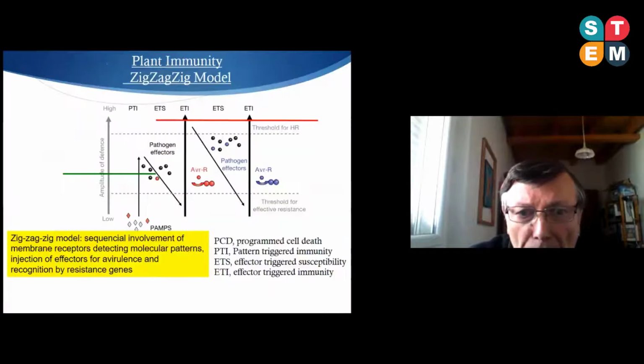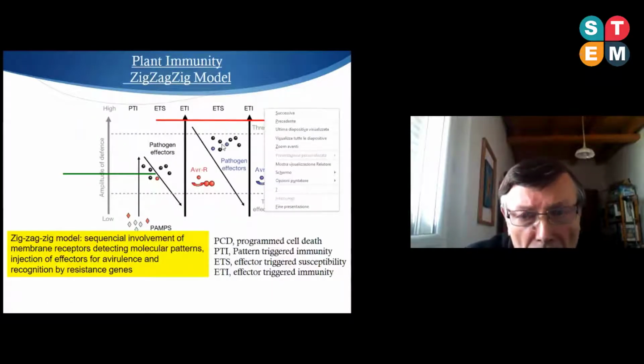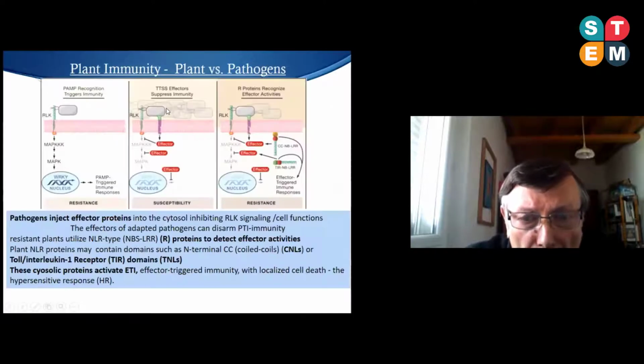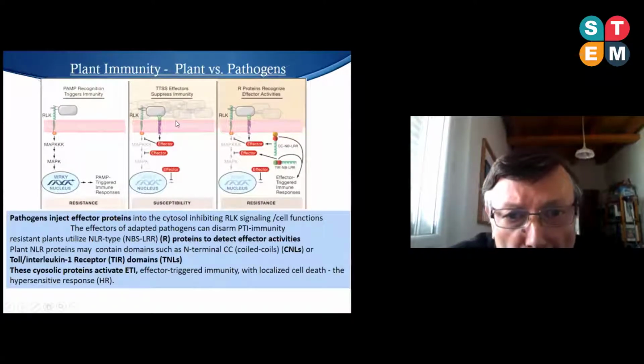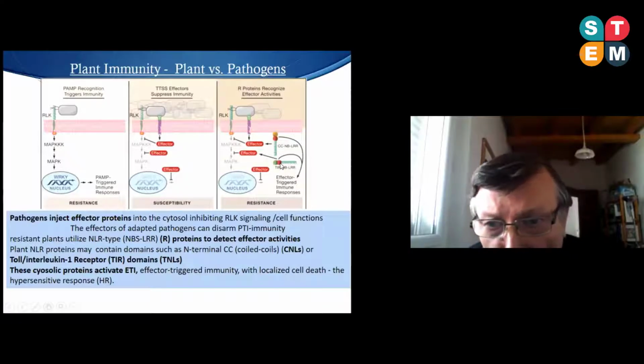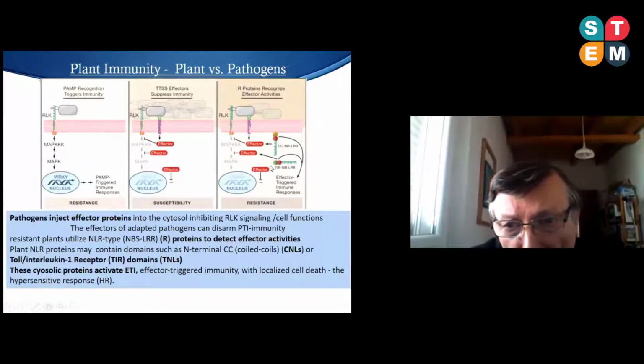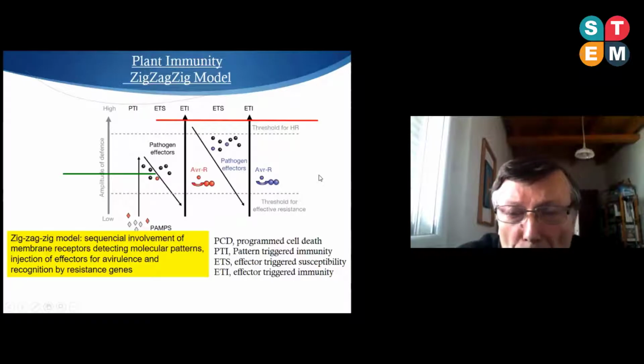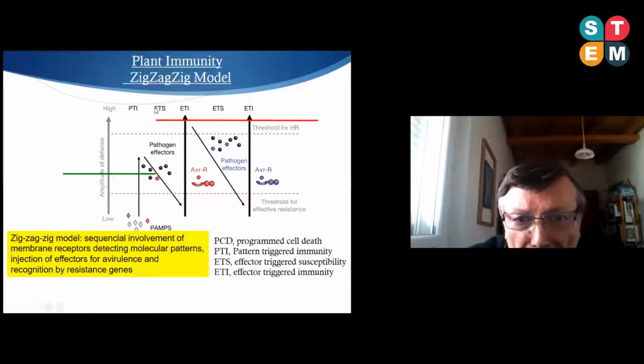Following this step, there is the injection in the cytosol of the pathogen effectors, and the plant senses this effector with the resistance genes and activates effector-triggered immunity. And this proposed model was named the Zig-zag model.